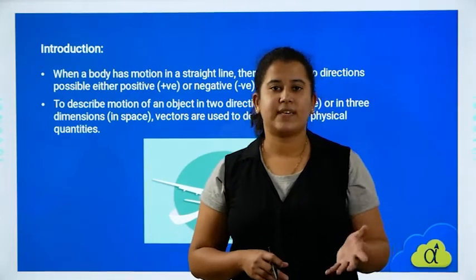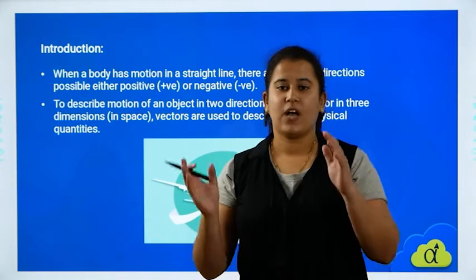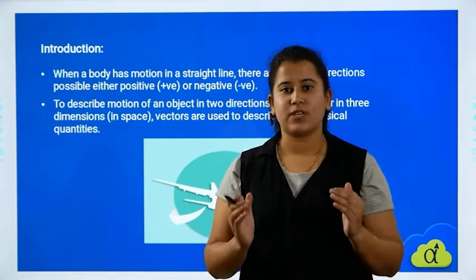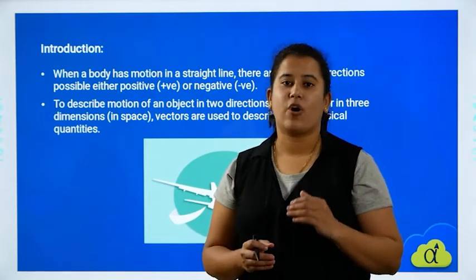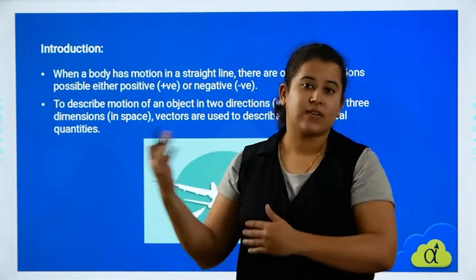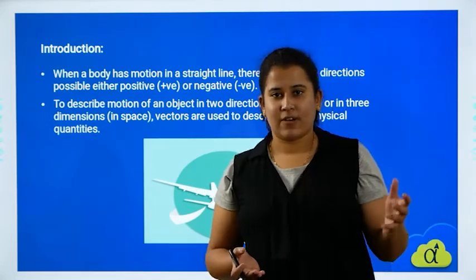Whenever you considered a straight line, you didn't have any issue because it was related to only one coordinate or one path. But whenever the object is moving and is involved between two coordinates or three coordinates, then what happens? Vectors come into existence.